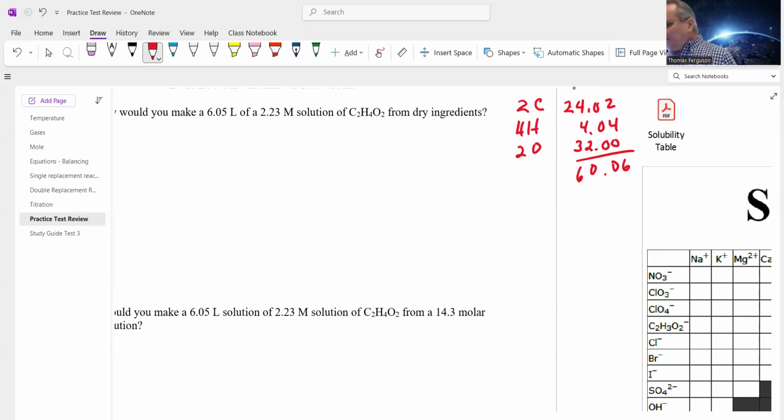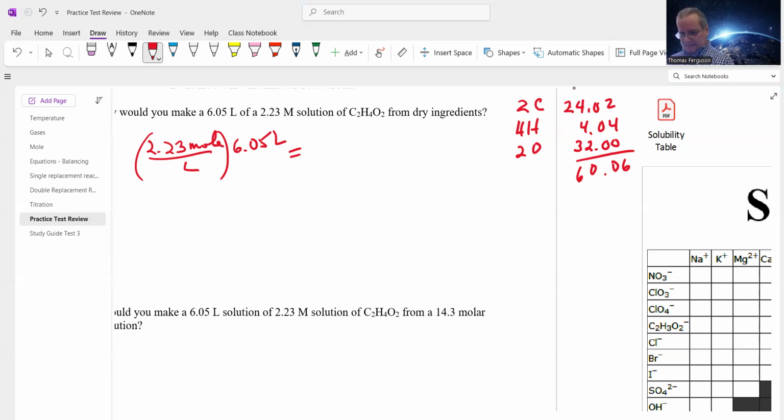Okay, so we need that'll give us the moles we need. And from the moles via the molar mass, we can get the grams we need.